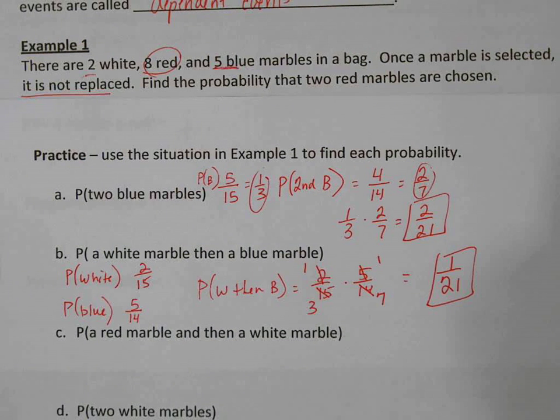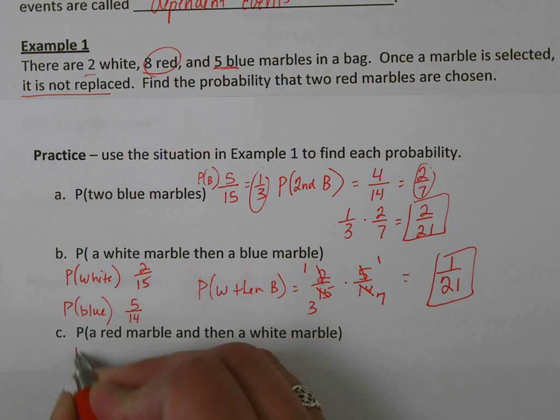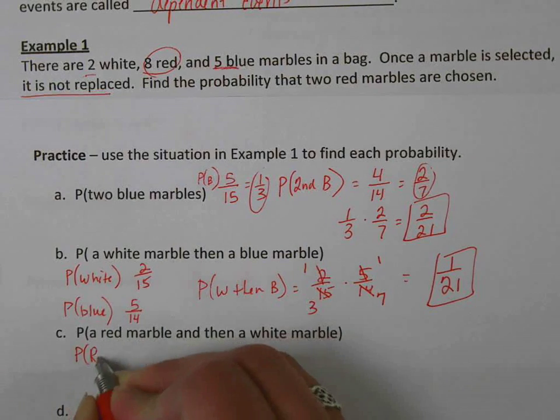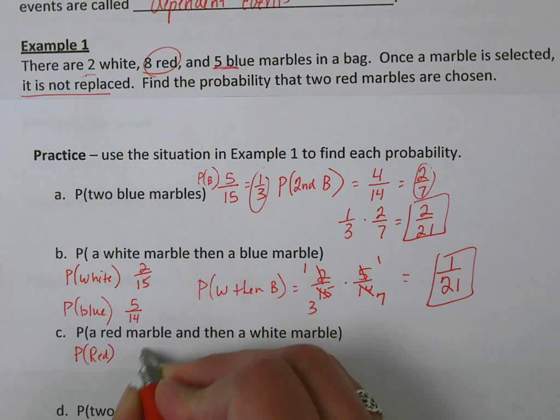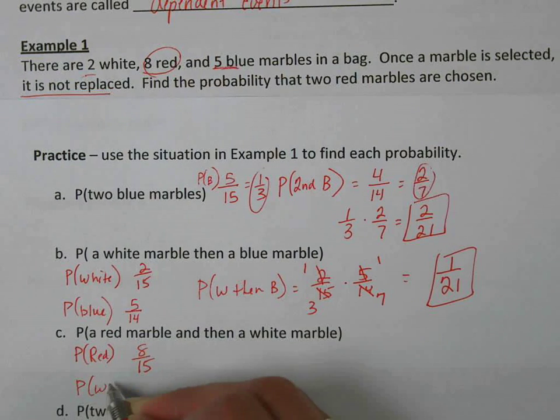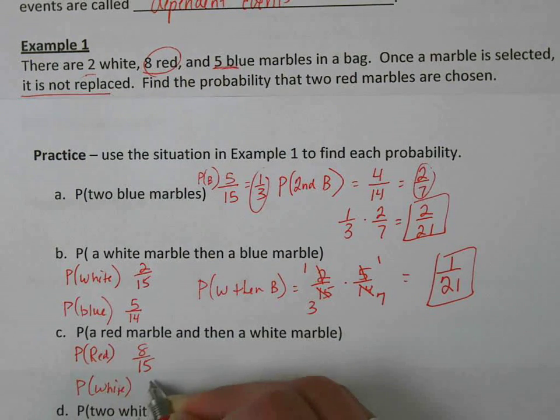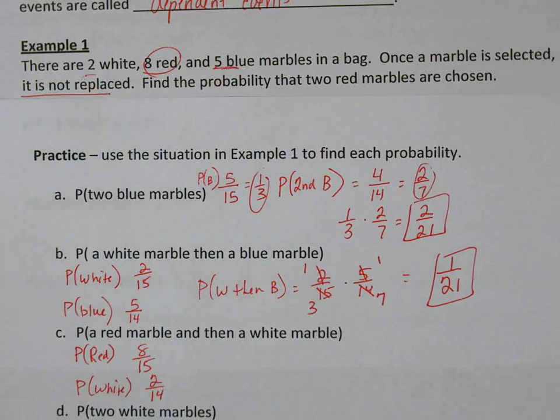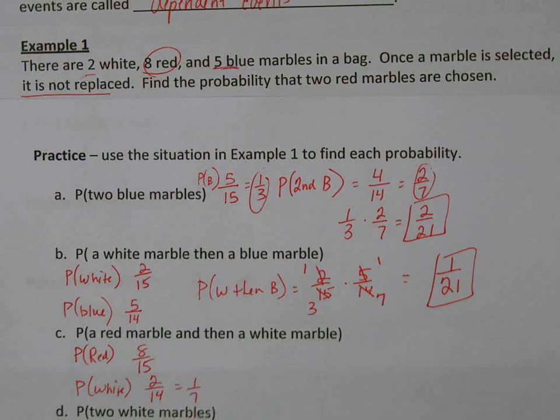Hopefully you've had a chance to try this. So you should have gotten the probability of red was 8 out of 15. The probability of white was 2 out of 14, which reduces to 1/7.